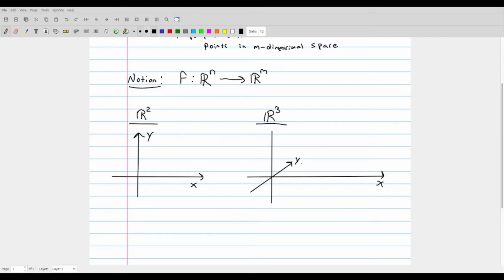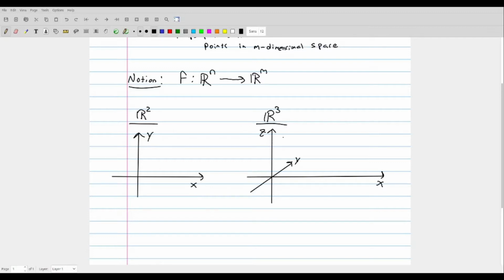You can visualize it as going into the page, so this is three-dimensional. And the z-axis is going up like this. If you take your right hand and make sure your index finger, your thumb, and your middle finger are perpendicular to one another, you can visualize the x-axis as pointing along your index finger, the y-axis along your middle finger, and the z-axis along your thumb.